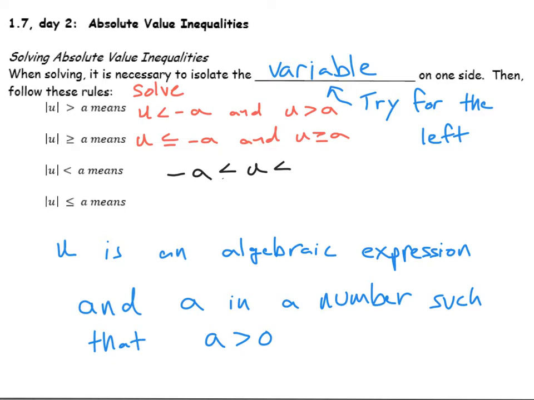This is just strictly less than. And then down here, add the less than or equal to, okay? So it's more like one continuous interval that you solve for, not 2 separate ones. So that's the first big key with absolute values, to get them rewritten into what you need to solve for.